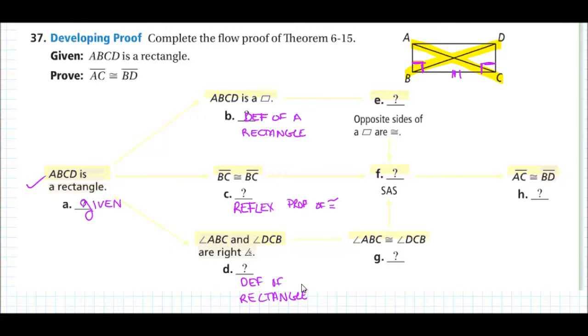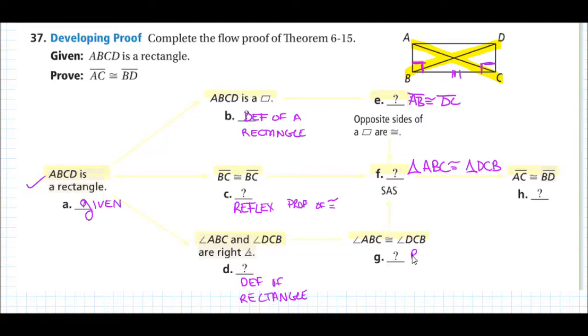So, let's look. What are we trying to prove? AB is congruent to DC. So, from side angle side, we were able to prove triangle ABC is congruent to triangle DCB. Angles ABC and DCB are congruent.